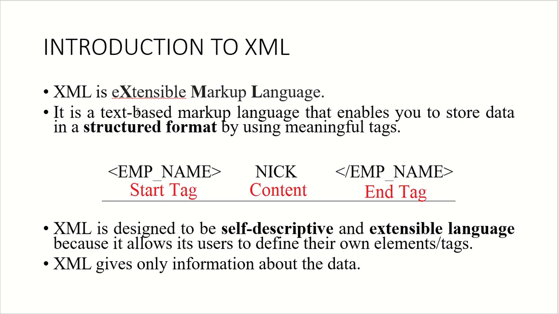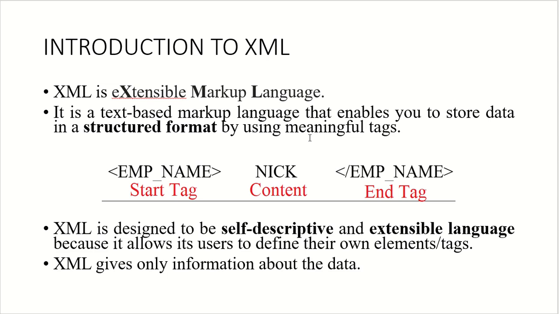So XML is basically a text-based markup language that enables you to store data in a structured format by using meaningful tags. Alright, one more form of structured format is to store the data in tabular form by picking the contents from the XML format.